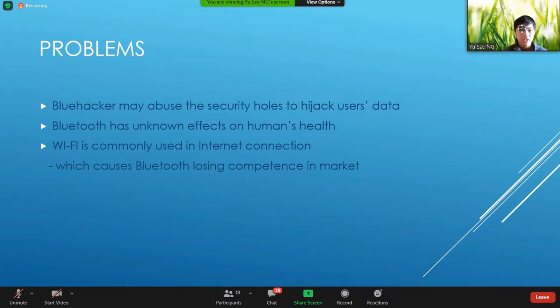And about the health issue, you don't have to use Bluetooth too often since you are using Wi-Fi all the time. And about Wi-Fi being commonly used, Bluetooth is so essential in other technologies like the medical technologies we have been developing nowadays. They are in a small range, but they are precise and critical as well.